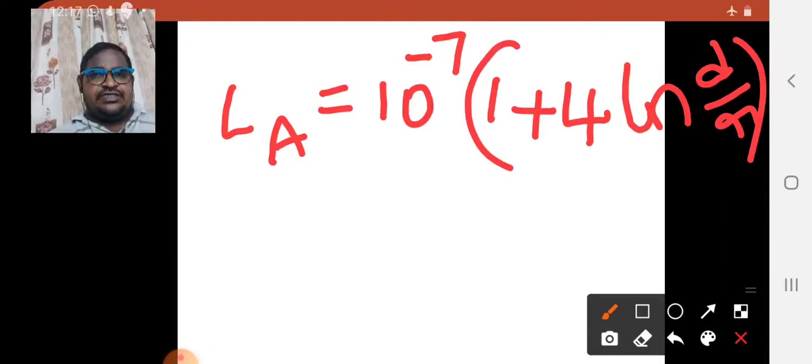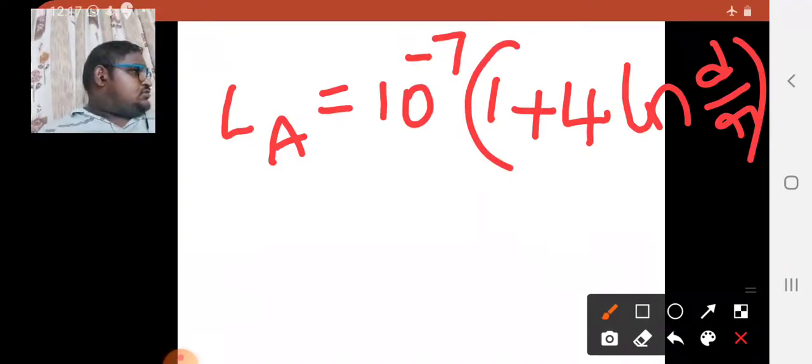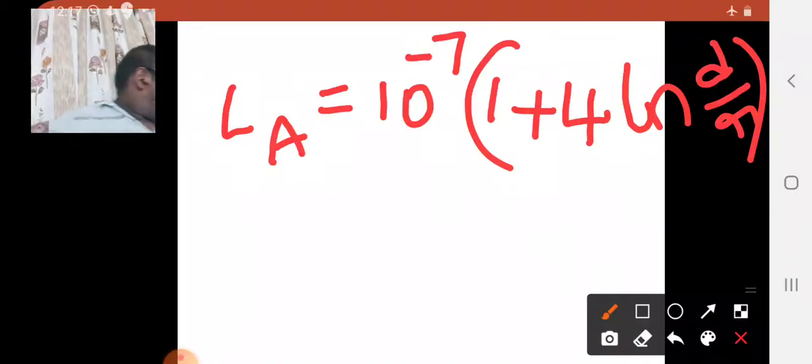This is the expression we already got for the calculation of inductance for a single phase two wire line.